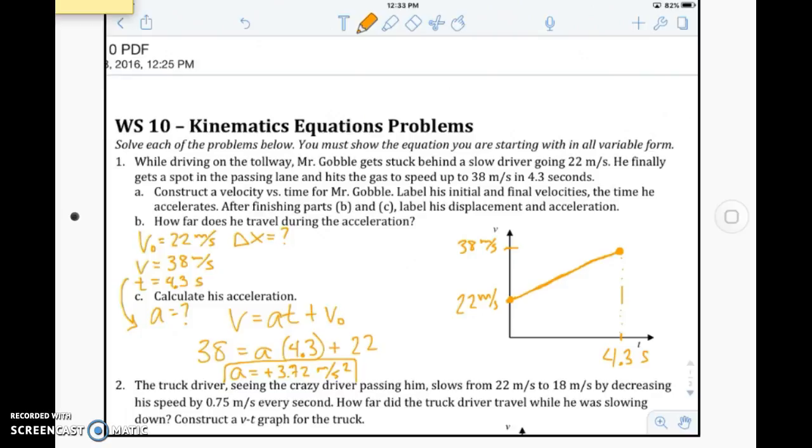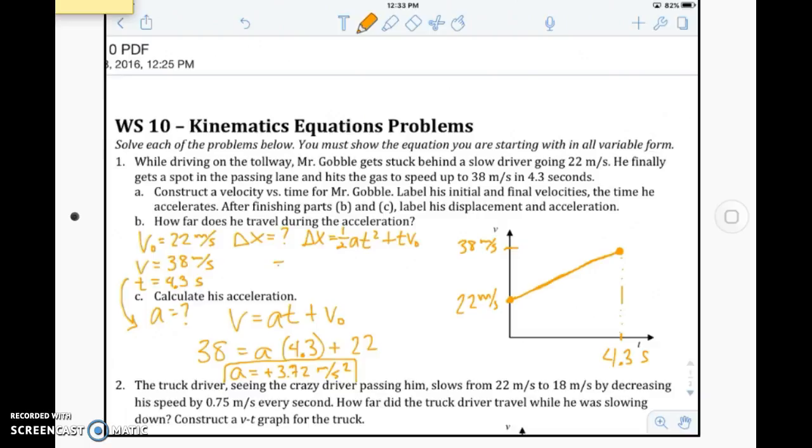All right, so now I can use that in part B to solve for the displacement. Now I know all the variables except for displacement, so there are a couple equations I can use. I'm going to use the one that already has displacement by itself, so delta x equals 1/2 at squared plus t v naught.